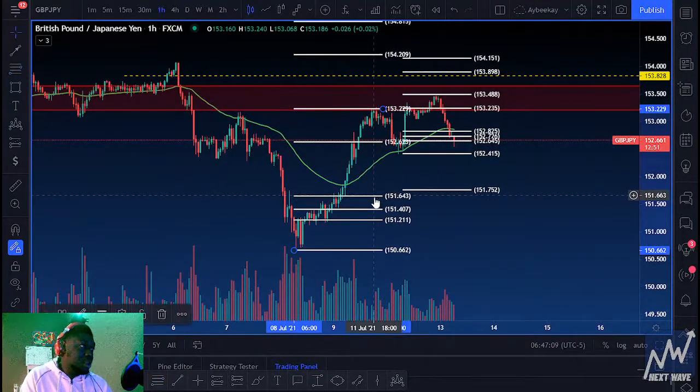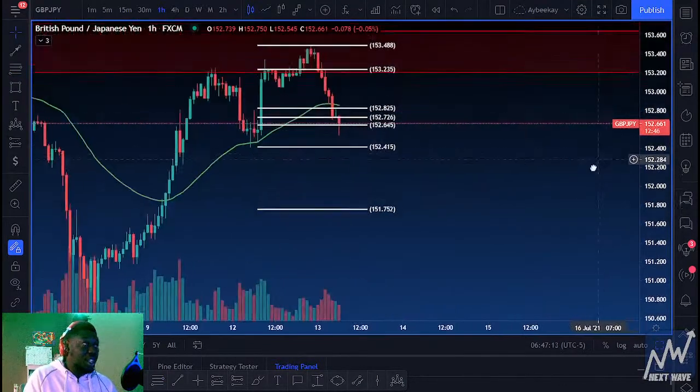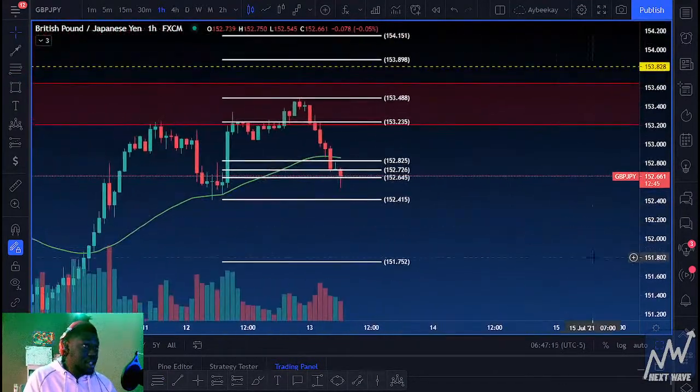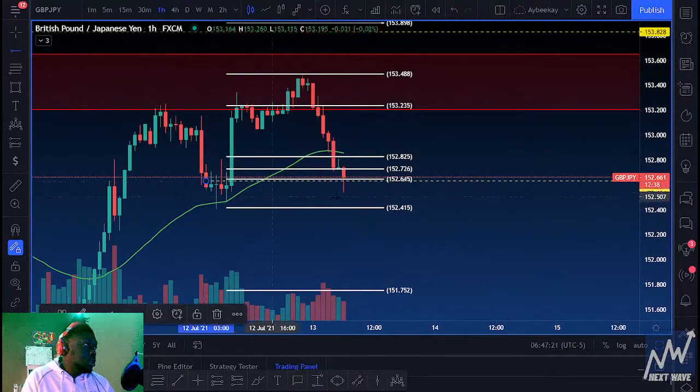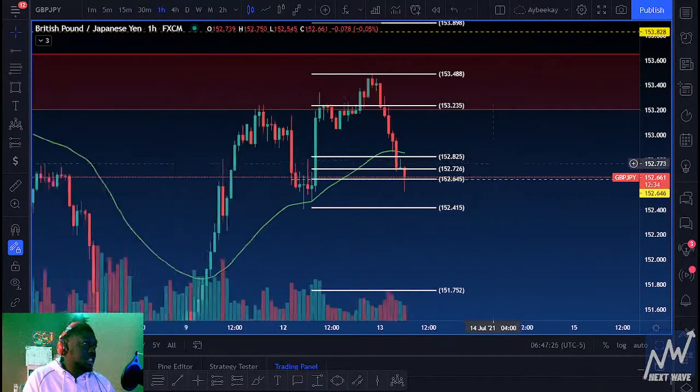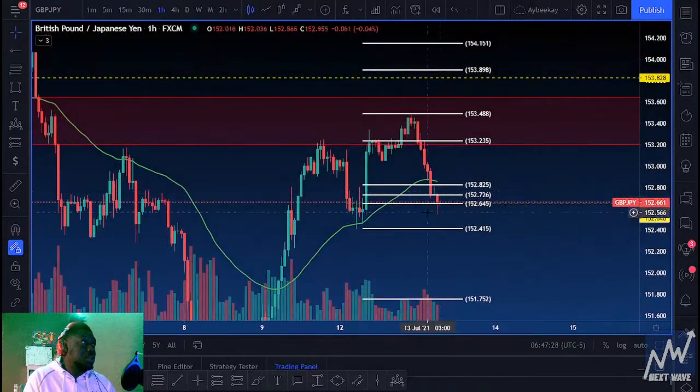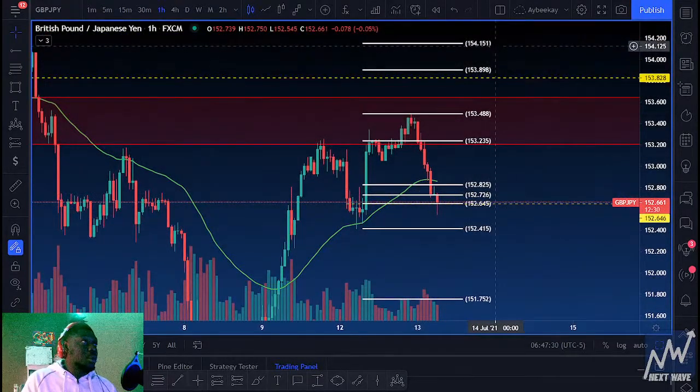Maybe, not 100% sure. Maybe 151.400. But if price is rejecting here, I'm looking to buy GJ, no cap. This is something that I'll be looking at for a bullish move up to 154.151.